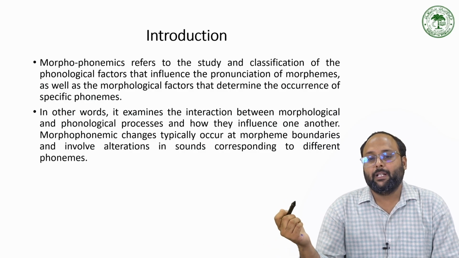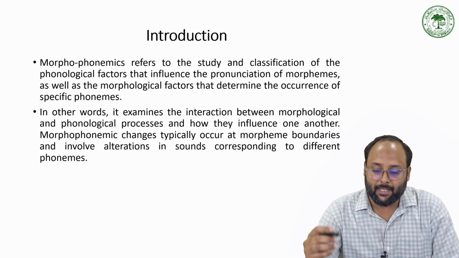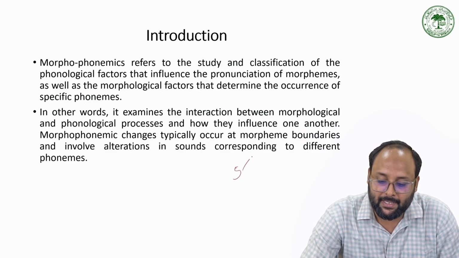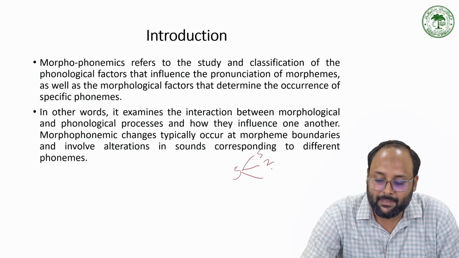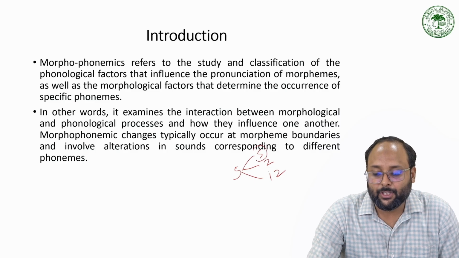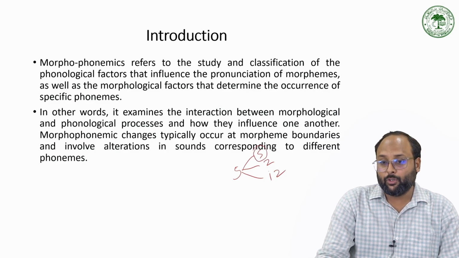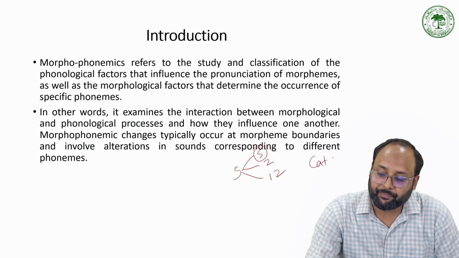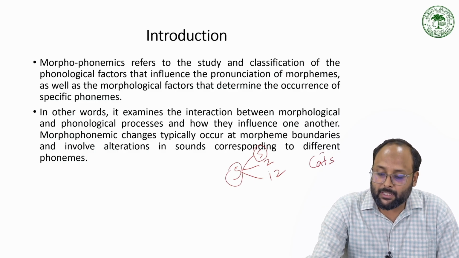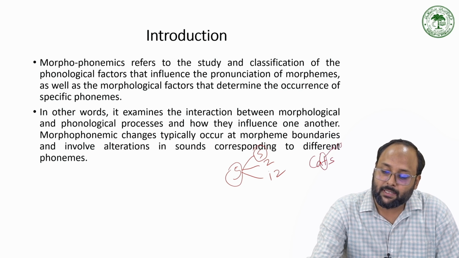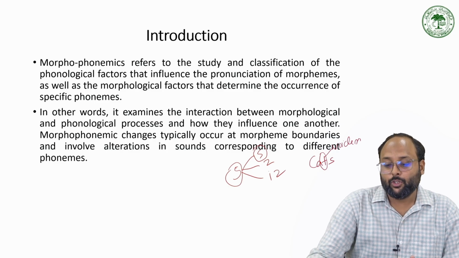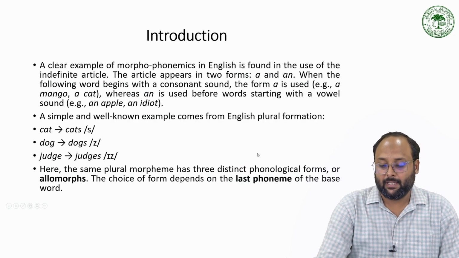So for example, take the plural s. It has three representations: s, z and iz. This representation is influenced by the preceding sound. In the word cats, this plural morpheme occurs as s because the preceding sound is voiceless.